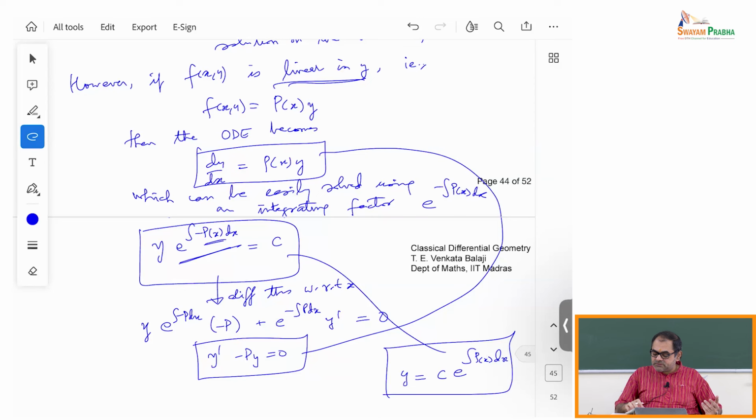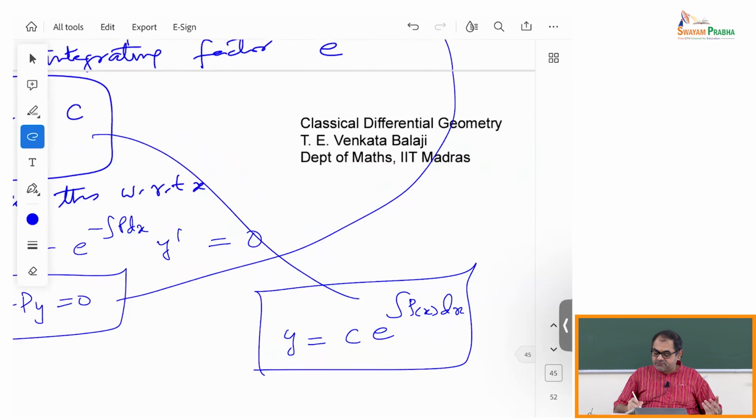And mind you, for this solution to be defined, first of all, integral p dx must be defined, and for that it's enough for p to be continuous, because a continuous function is integrable. So p(x) being continuous on the interval, integral p(x) dx will exist as a function. An easy condition for a function to be integrable is that it is continuous.